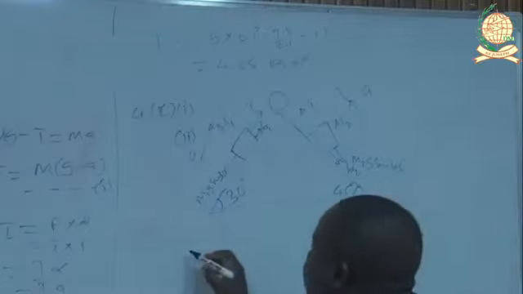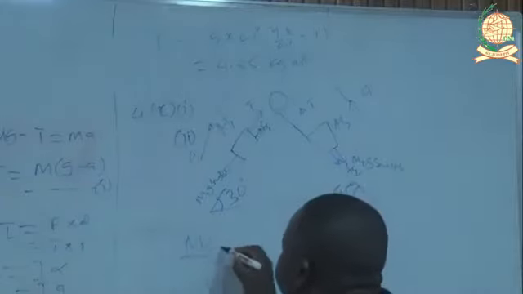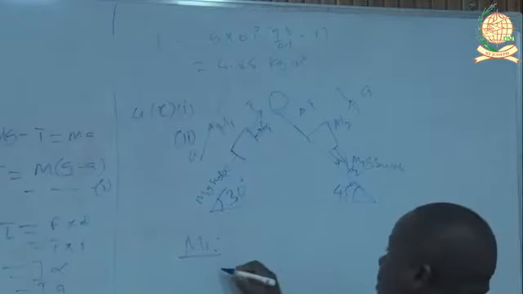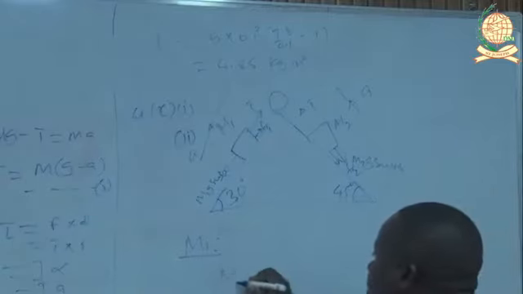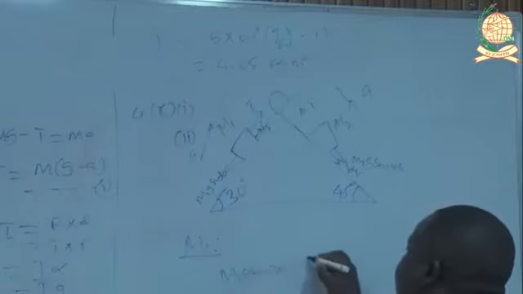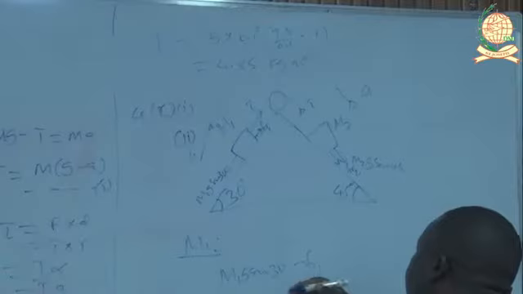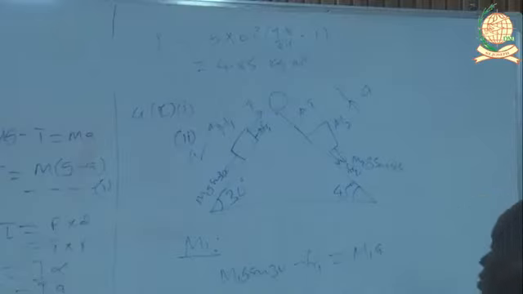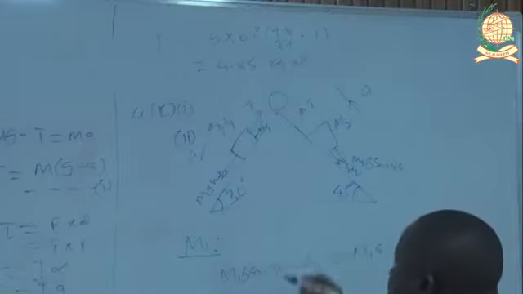If we start with mass 1, it is accelerating downward. Therefore, the net equation is M1 g sine of 30 minus the friction force, which is opposing the motion, equal to the net force of this mass.